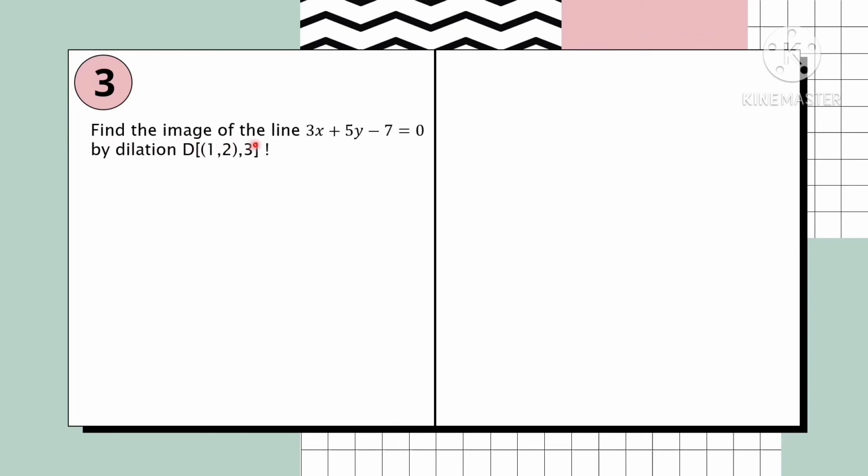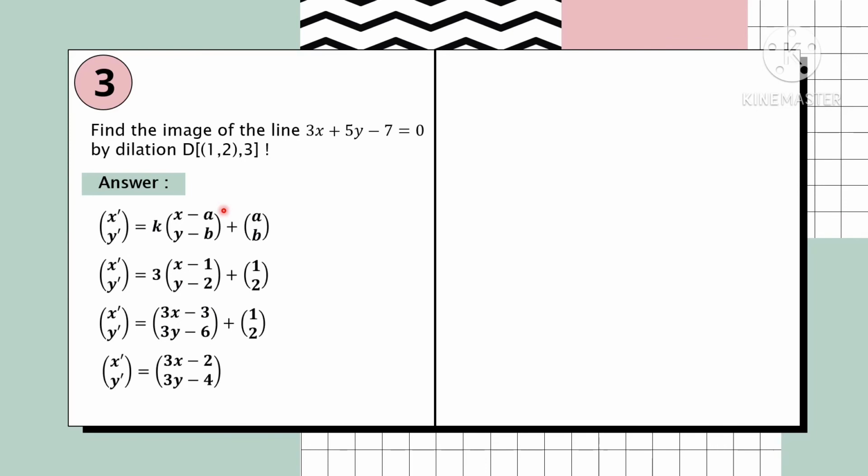The given problem is, find the image of the line 3x plus 5y minus 7 is equal to 0 by dilation D with (1, 2) as the center point of dilation and 3 as the scale factor. To find the answer, we know this problem can be solved by using the method of dilation where the dilation center is (a, b).